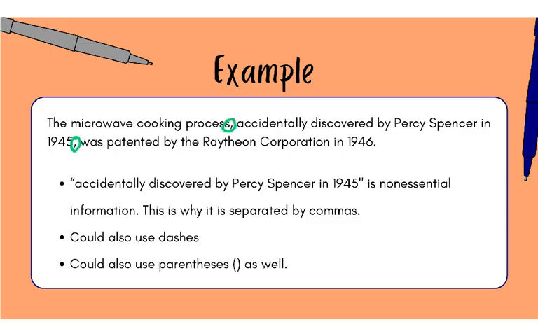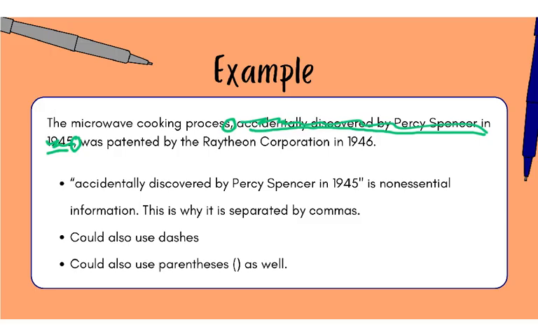All the information within those two commas, this phrase, is non-essential information. We know it's non-essential information because if we took it out of the sentence, it will still be complete. So if we took this whole thing out and read the sentence: the microwave cooking process was patented by the Raytheon Corporation in 1946.